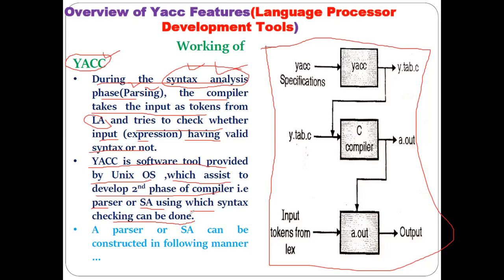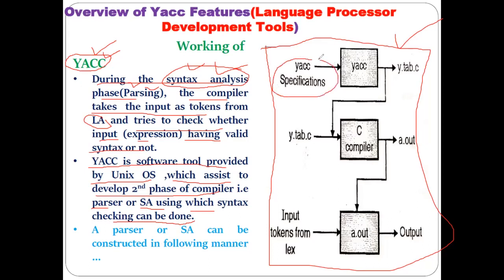That thing you can easily check. Understood? Then the next thing is how to construct this syntax analyzer or parser using the Yacc tool. This is the actual way of constructing it. Now if you see this scenario, it is quite similar to the previous working of Lex, but here you can see the change I am telling you.